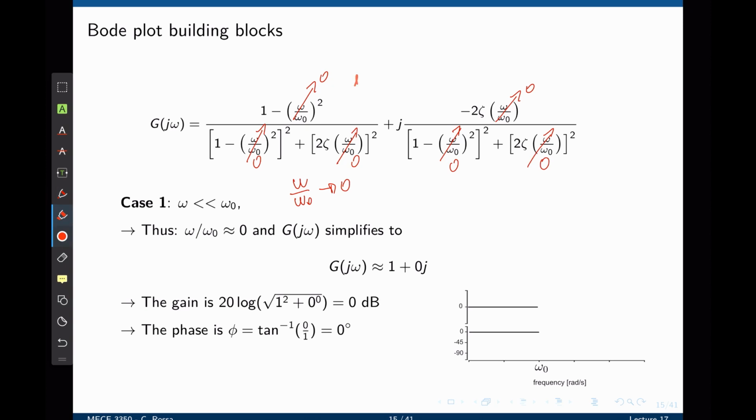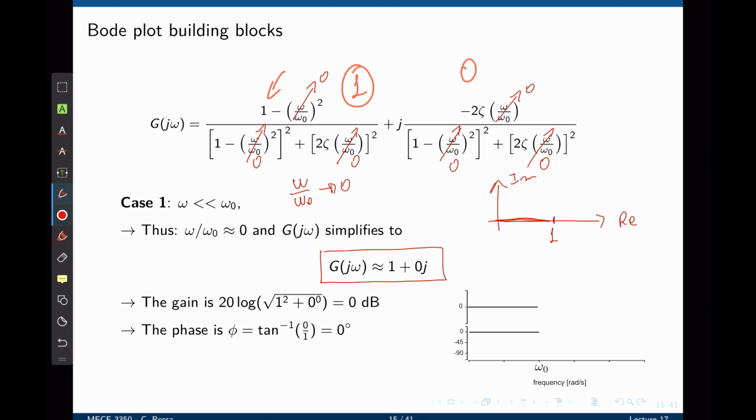We have 1 from the real part and the imaginary part is 0. So the transfer function now simplifies to 1 plus 0j. If we plot this on the real and imaginary axis, we have 1 for the real part, 0 for the imaginary part. Clearly, the phase is 0 degrees. And the gain of the transfer function is this distance, which is 1.